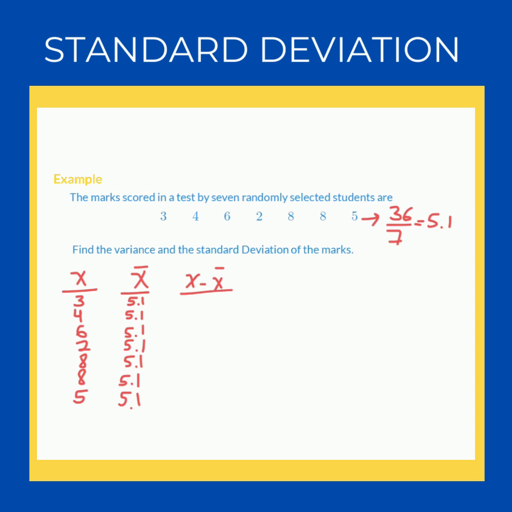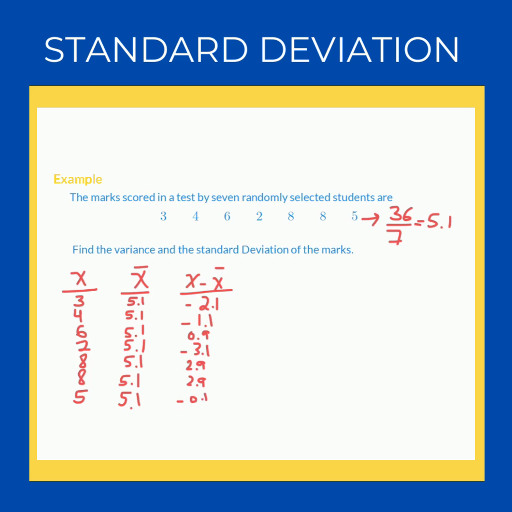So 3 minus 5.1 is negative 2.1. 4 minus 5.1 is negative 1.1. 6 minus 5.1 is 0.9. 2 minus 5.1 is negative 3.1. 8 minus 5.1 is 2.9. Then I have another 2.9, and 5 minus 5.1 is negative 0.1.